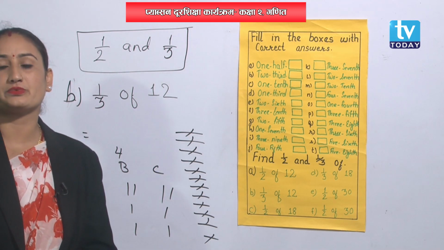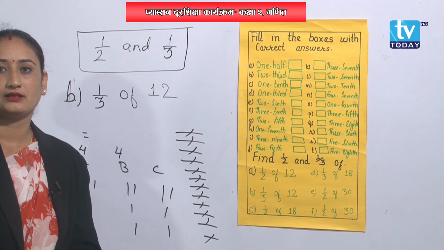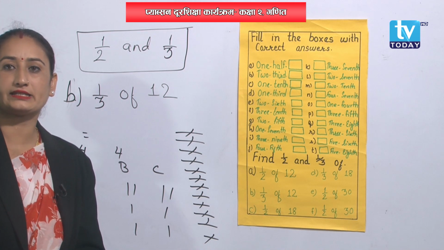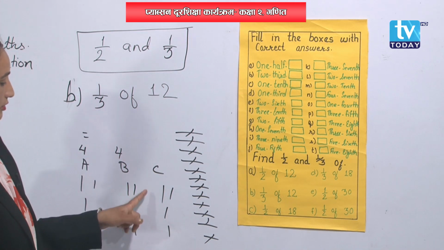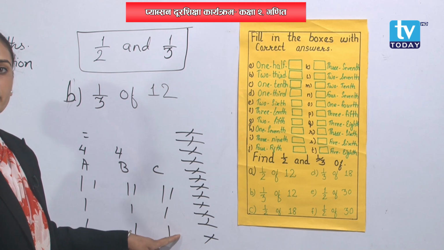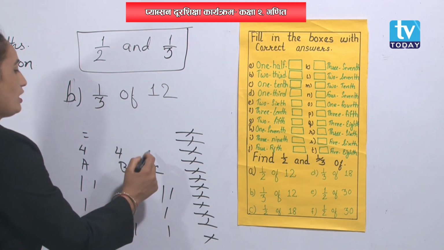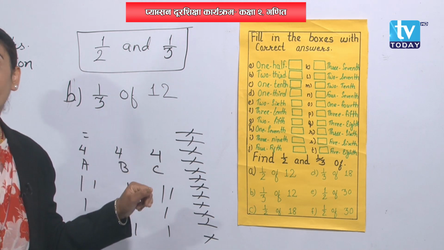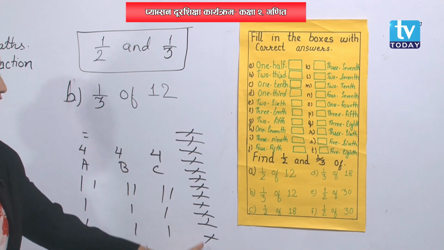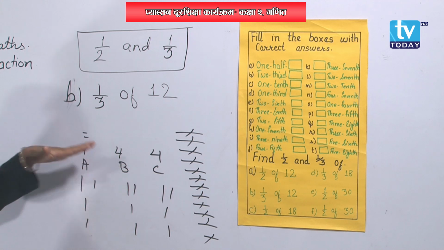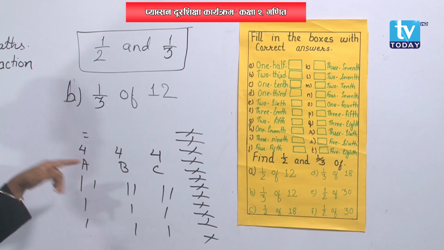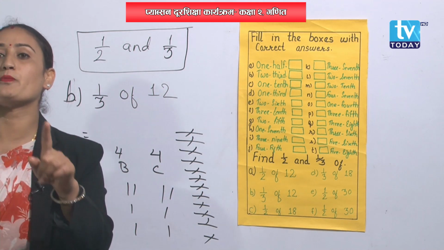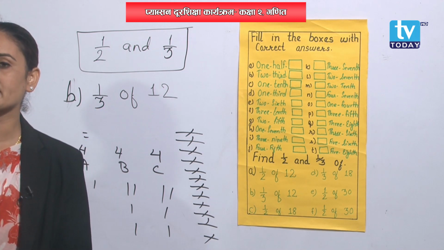Again for group C. How many lines are there for group C? 1, 2, 3, 4. So all together, every group has 4 lines. That means 12 lines are divided into 3 groups, and each group is getting 4 lines.